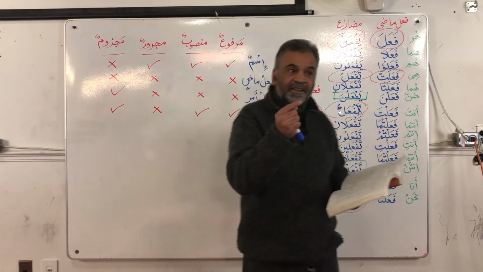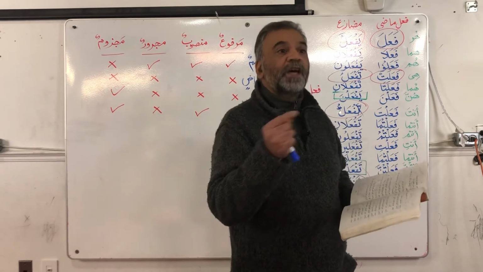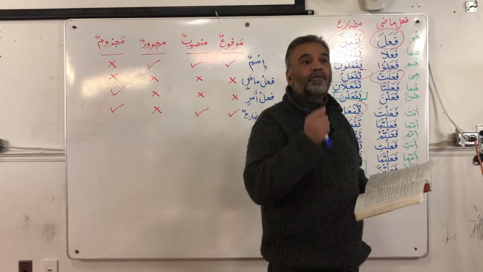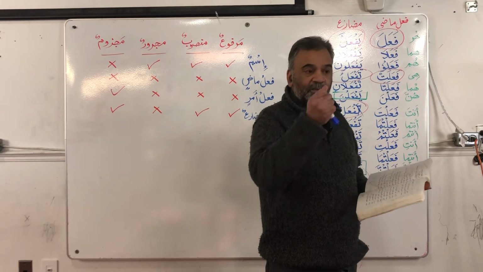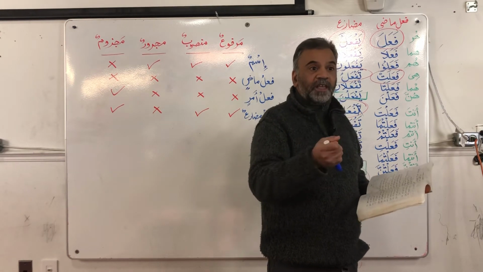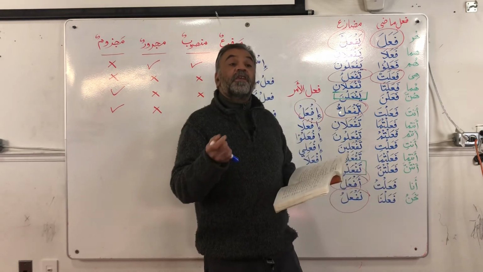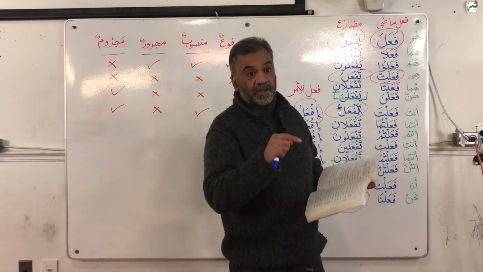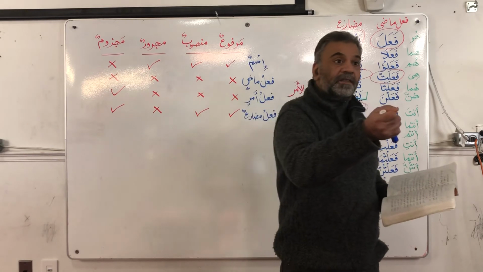This is the fa'il, mutaaddi. It needs a maf'ulun bihi, an object. I am looking for something, so now I have to bring in the maf'ulun bihi. Ad-dawa. I am looking for the medicine.